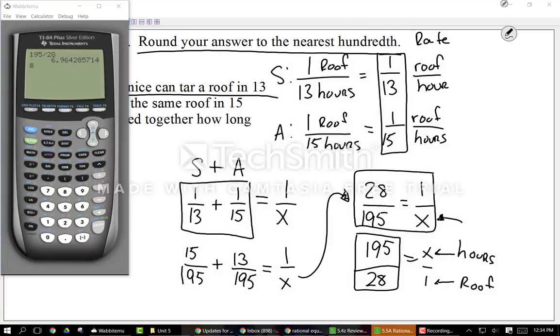So the hundredth is 6.96. So x is equal to 6.96 hours. So together, these two people, Shanice and Amy, take almost 7 hours to complete the roof working together. Kind of cuts their time in half a little bit. Okay, not quite in half, but pretty close.